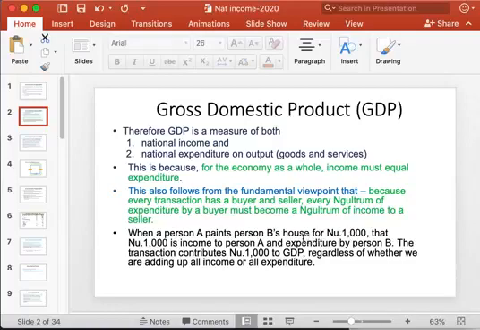Then that is wrong. So therefore GDP is either equal to total income or total expenditure and not both, or not the summation of total income and total expenditure.